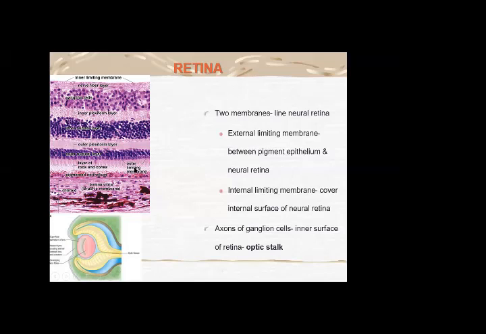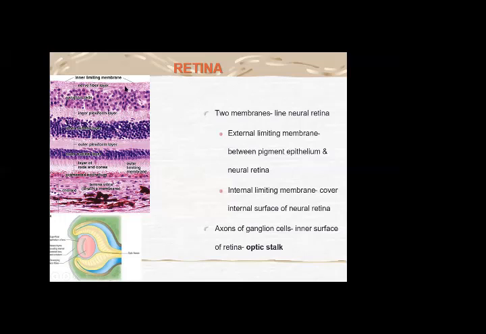This membrane, ये तो pigment cell layer है ना? ये, this outer limiting membrane is lying between pigment epithelium and the first layer of neurons, outer nuclear layer. जबकि जो inner limiting membrane है, that is lining the inside of the retina, neural part of the retina. और अब रहेगी ये layer, ganglion cell layer, इस पे आ जाते हैं.